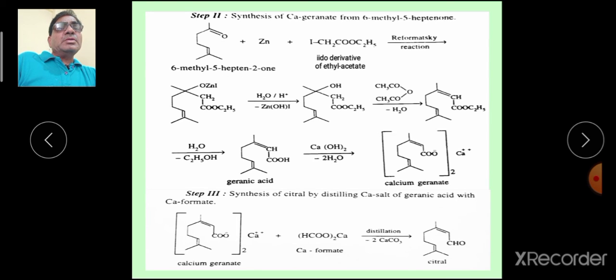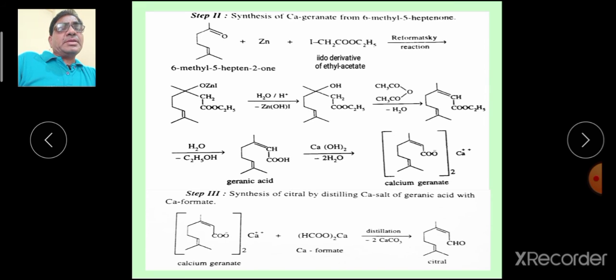Now, from this methylheptenone, the synthesis of calcium geranate is obtained. This is done by the Reformatsky reaction. Here this methylheptenone reacts with zinc and the iodo derivative of ethyl acetate, the Reformatsky reaction takes place forming this product, followed by hydrolysis. Finally, the formed product reacts with acetic anhydride, giving the ester product.